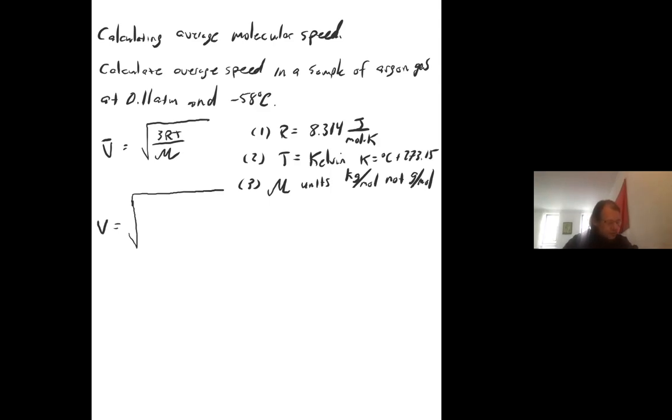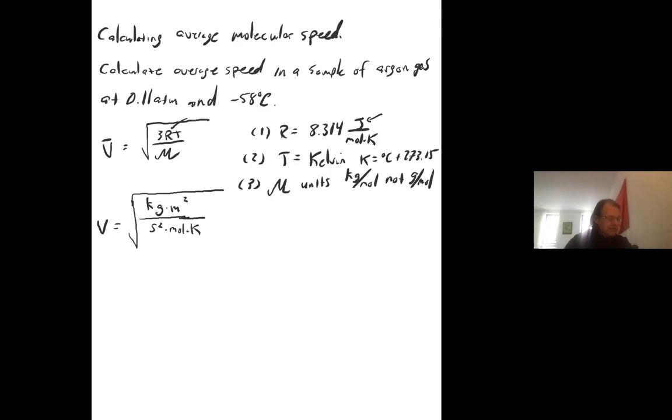So the joule is a kilogram meters squared per second squared, right? That's what a joule is. So for the units of R, it's joules per mole Kelvin. There's a joule right there, and then we have mole Kelvin. Okay, so there's your R units.